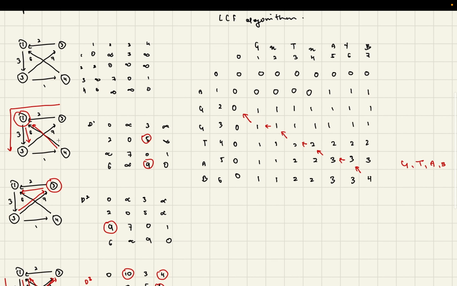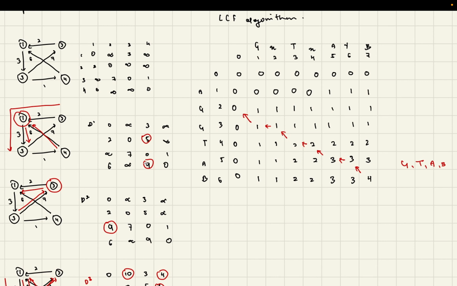So we fill in the table until node 4. And then for D1, same as Warshall, we put 1 as the middle. So we want to see if they have any direction that can use 1 as the middle to arrive at the other node. We can see here, 4 can go to 3 by using 1. So we sum out the value of the weightage of the direction, which is 6 plus 3. So 6 plus 3, we get 9.